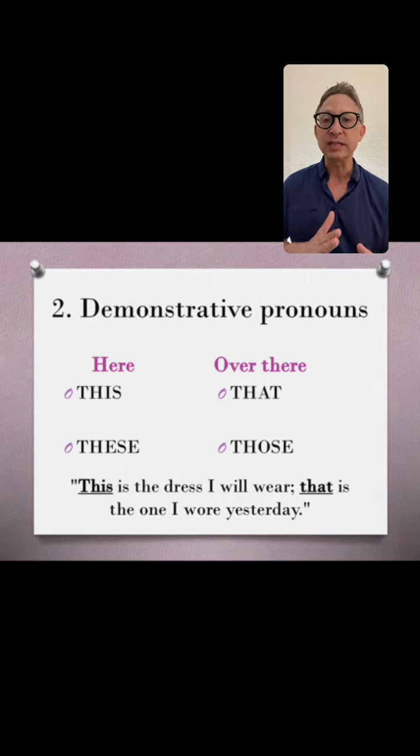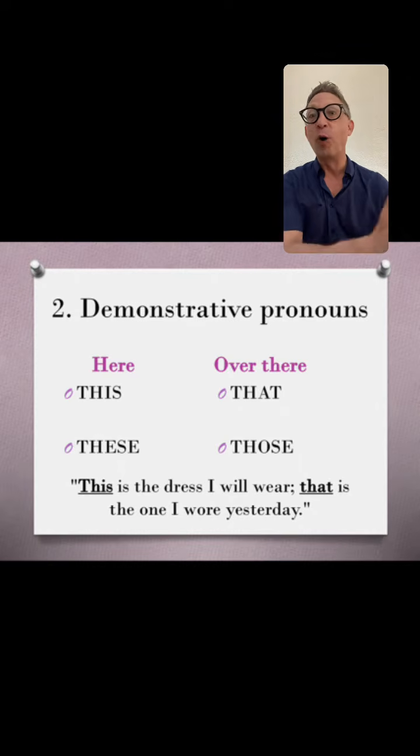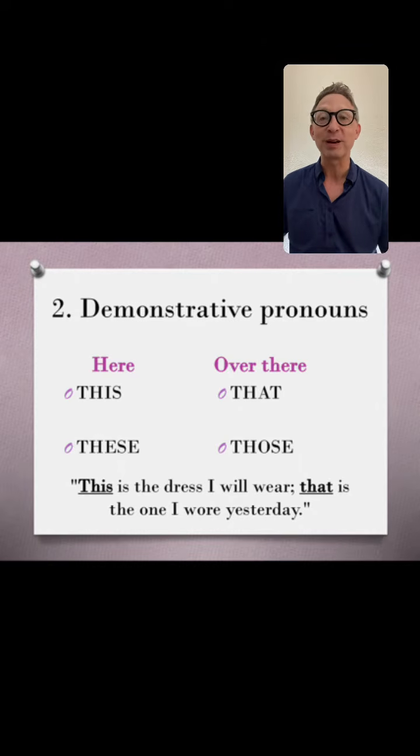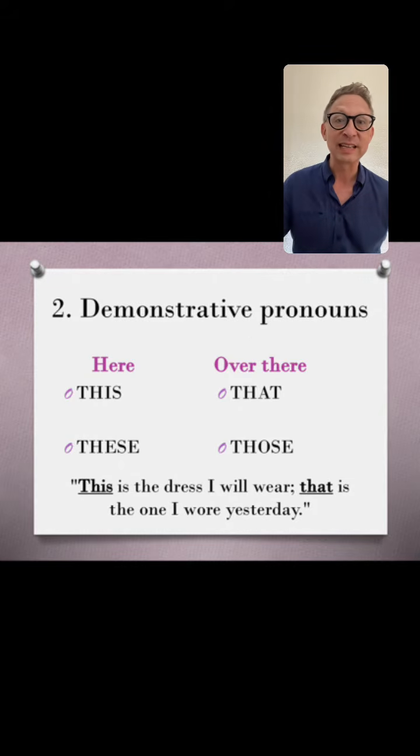And how do you distinguish? There's a whole set of rules, but I want to simplify it into one general rule, and we can go over details in another live. But think of it in proximity. If you're talking about something near you or the topic is recent, it's probably this or these. And if it's over there or you talked about it perhaps in a different period, you could refer to it as that or those in the plural.